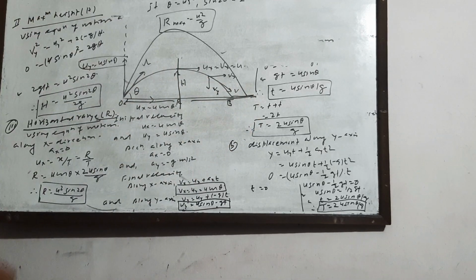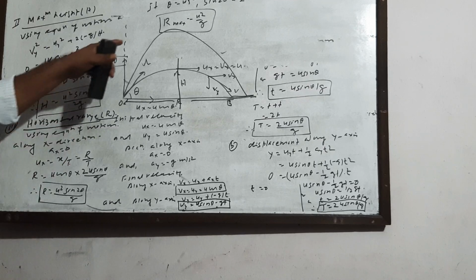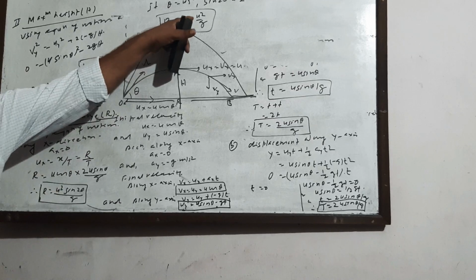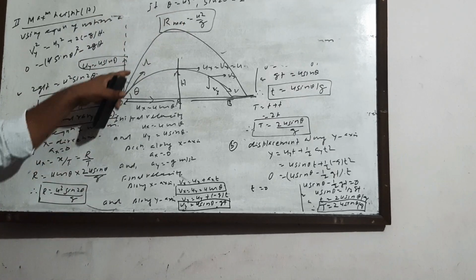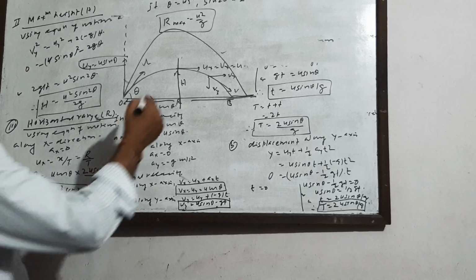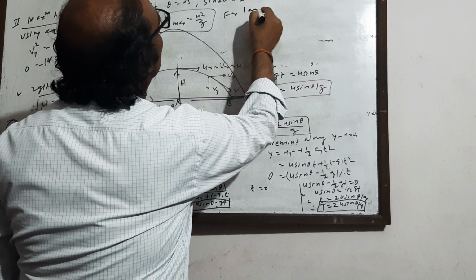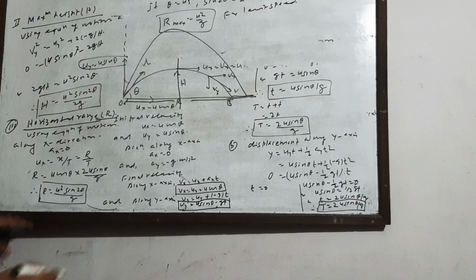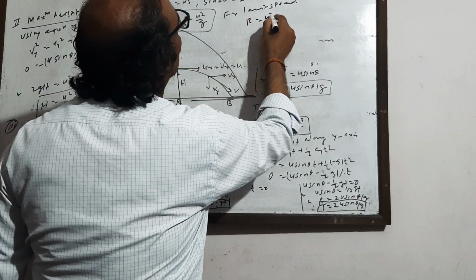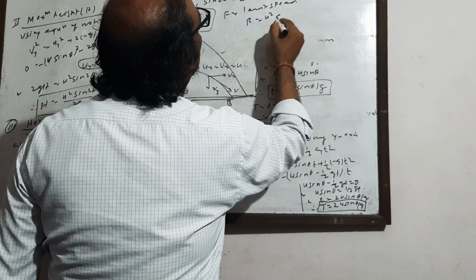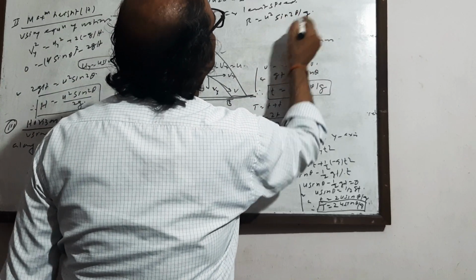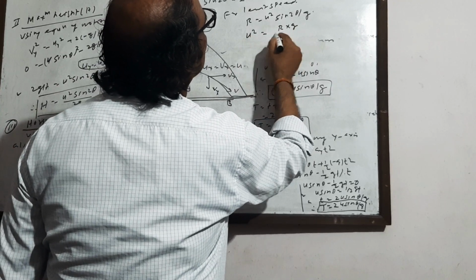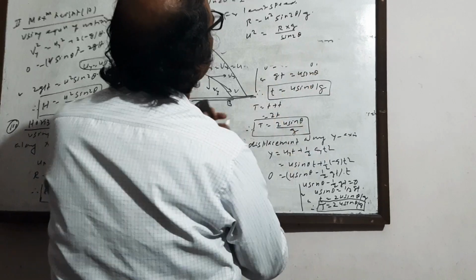So R max is equal to u squared by g. Sometimes, to obtain the same range, what is the least speed of the velocity of the projectile? For least speed, R equals u squared sin 2 theta by g, so u squared equals R into g by sin 2 theta.